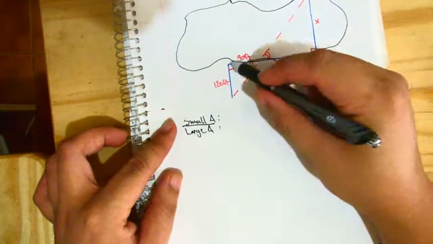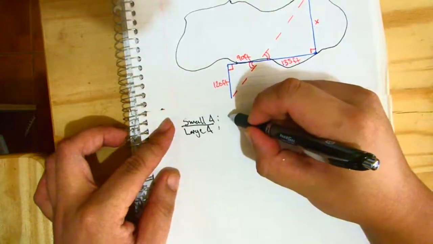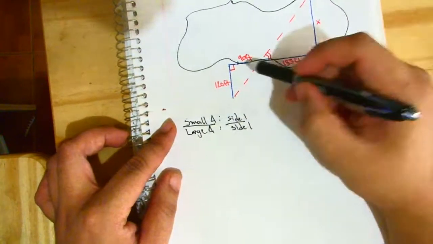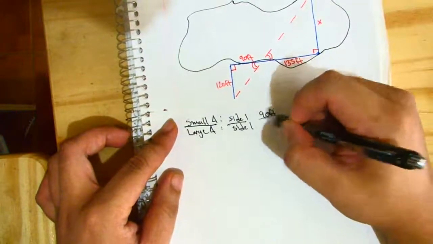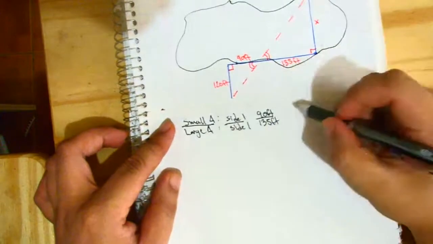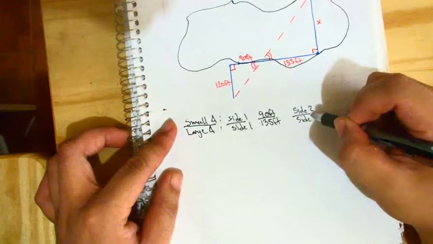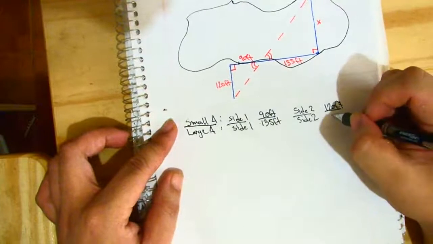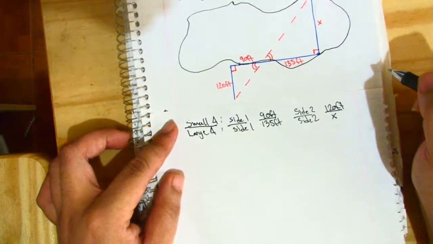We can just say this is the base of the triangle, or you can just say side 1. That's how you want to label it. Side 1: we're comparing 90 feet from the small triangle, which corresponds to 135 feet. And side number 2, from the small triangle, equals 120 feet, and here the value of x.